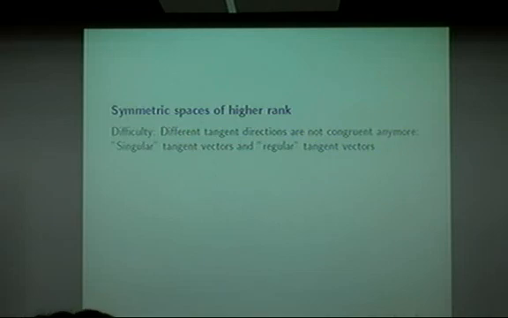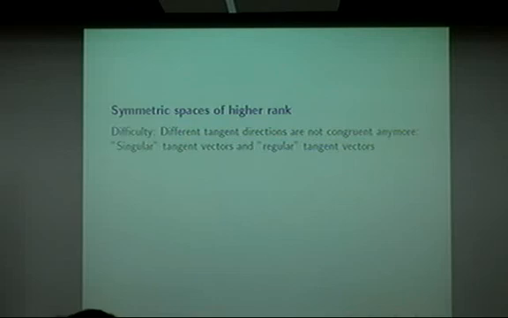When we have a symmetric space, the rank is the maximal possible dimension of a flat torus or Euclidean space which can be embedded totally geodesically in the symmetric space.